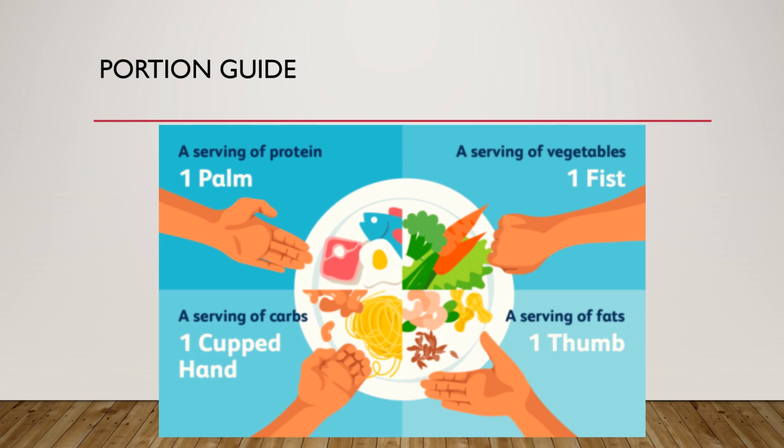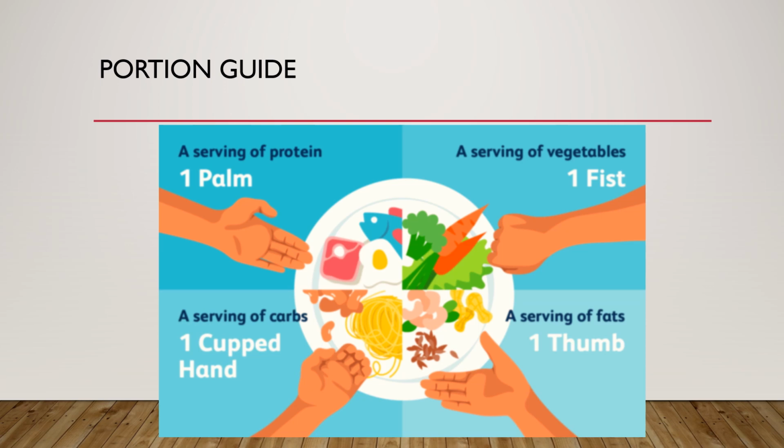Then thumb. Thumb is for understanding how many servings of fat you need. Then one cupped hand: you need to cup your hand and understand how many carbs you need. And last is one palm of protein.